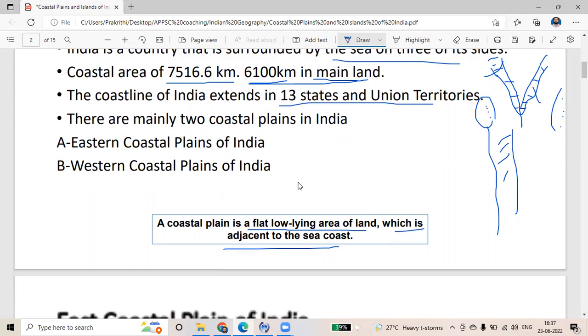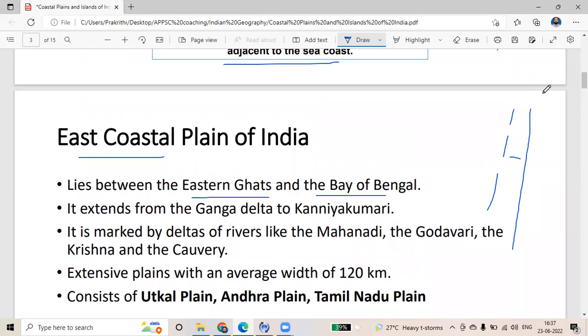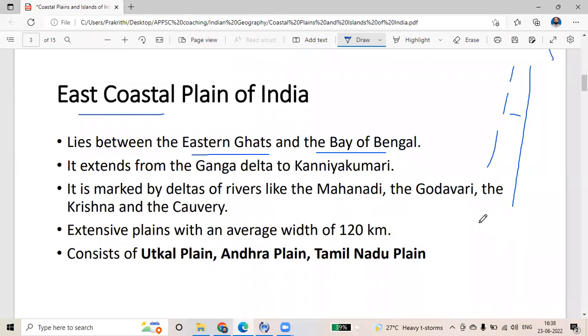First one is the eastern coastal plain. It lies between the Eastern Ghats and the Bay of Bengal. On one side we have the Eastern Ghats, and on the other side we have our Bay of Bengal. Between these two lies this eastern coastal plain. When we talk about its extension, it is from West Bengal, from the Ganga plain, the Ganga Delta, almost near the Sundarban Delta, to Cape Kanyakumari.